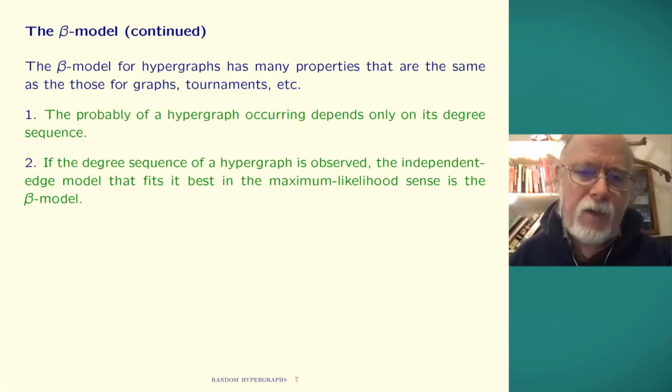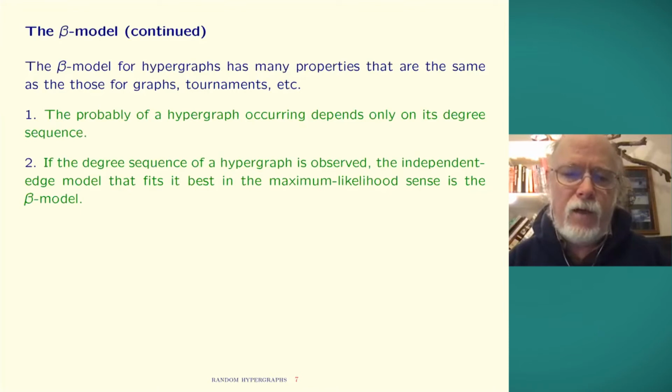A second one is interesting to statisticians. In statistics, one model that's considered is the hypergraph model, where every R set might occur with some unknown probability. And then what you observe in the population is the degree sequence.